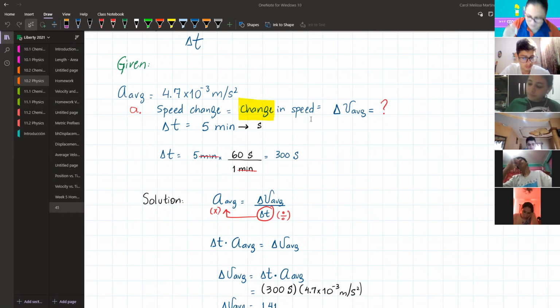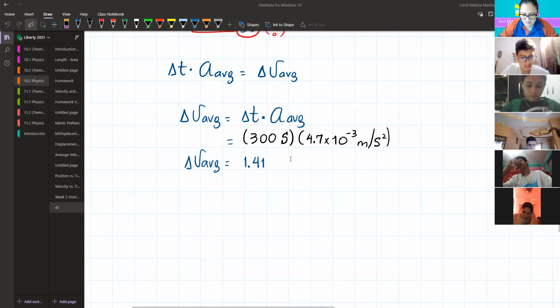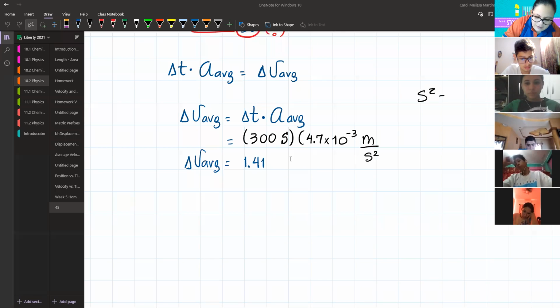1.41. Now take a look here. I always do this because I want you to see how I get the units. This is given in meters over second squared. Second squared is equal to seconds times seconds. You learned that in math.